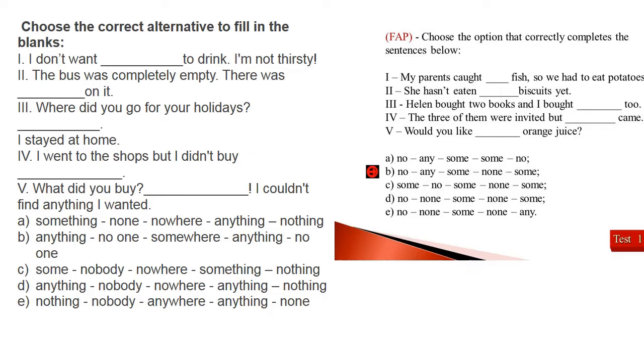2. The bus was completely empty. There was on it. The good answer is there was nobody on it. 3. Where did you go for your holidays? The answer: nowhere. I stayed at home. 4.